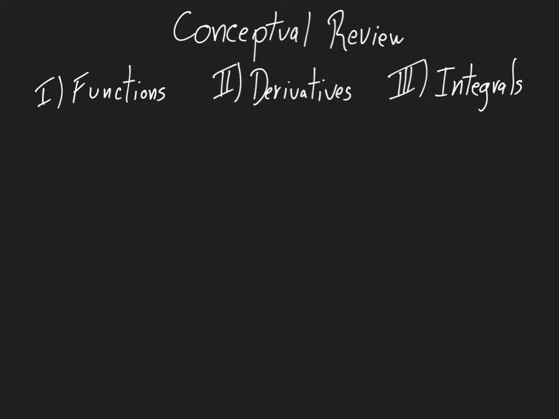So I'm going to try to really make clear what the purpose of all of these concepts are for each of these sections. And hopefully I can also give you guys a little bit of an idea of how all of these ideas or notions that we covered in these three different parts of this course tie together and tie into each other in a very nice and very helpful way.